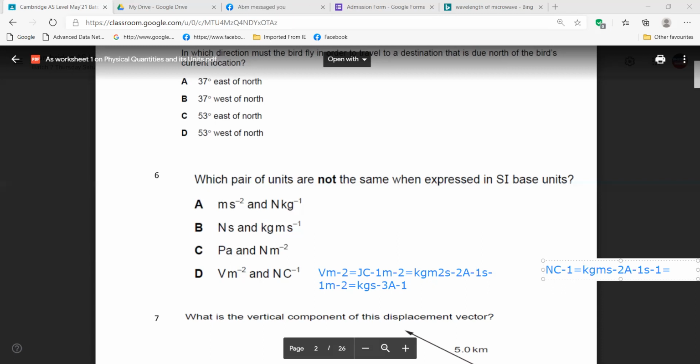This way, kg is there, meter is there, then s minus 3, then a minus 1. So all are matching except m, right? Here one m is extra. Then voltmeter per meter square, right? That's why they are not same.